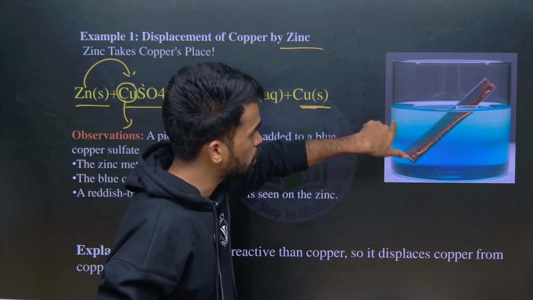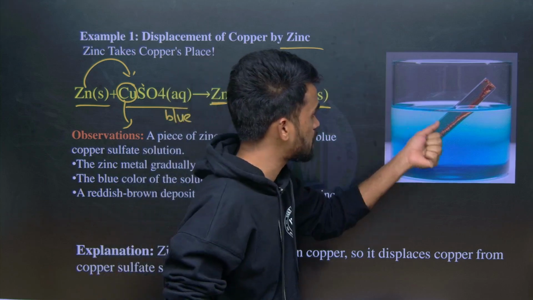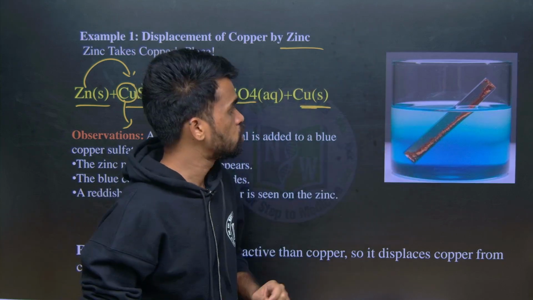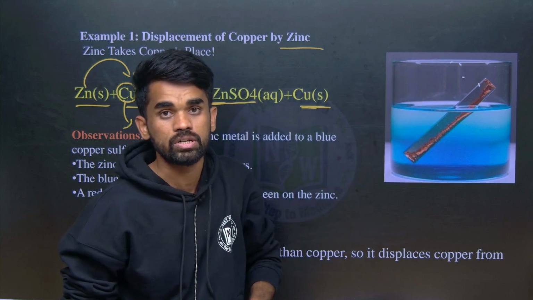If you want, you can look at this experimental observation. Copper sulfate is a blue color solution, and a zinc rod is dipped into it. Now what happens?